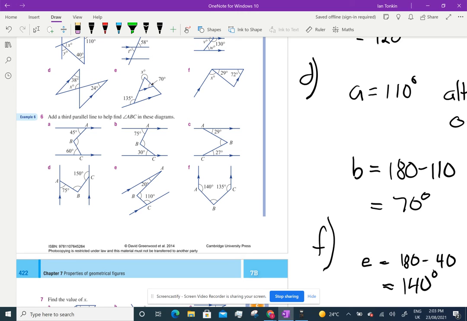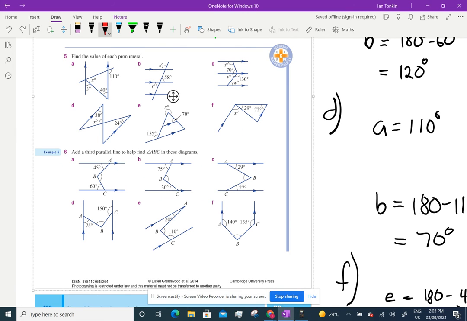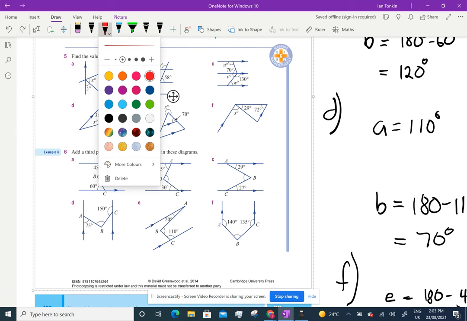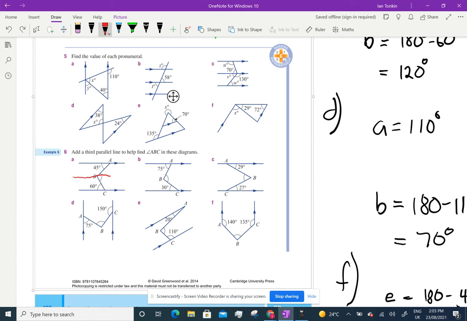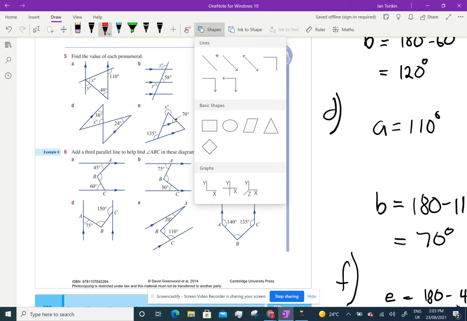So we want to find a third line, and we have to find A, B, C. That's not what I wanted. It's in the wrong spot. I'm just going to do a freehand line. If I draw a line through there, it's not very good. That's just rubbish. Let me try again.